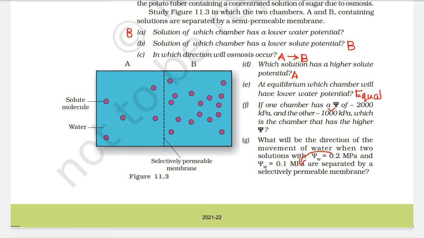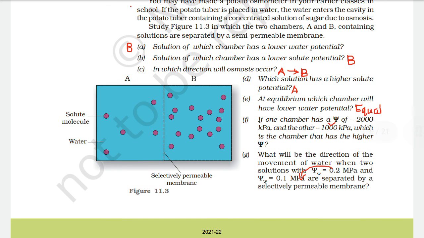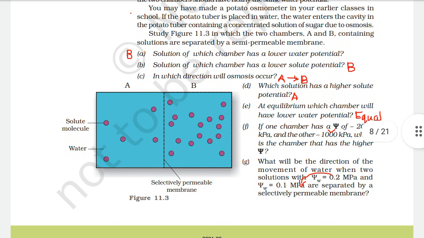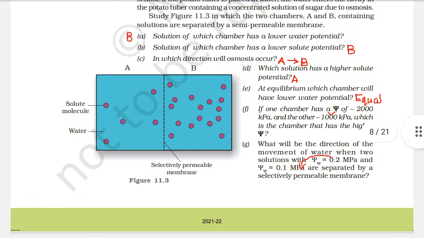Less negative is where there is a smaller number of solute molecules, which is in A. Less negative means higher solute potential, and where there are more solute molecules, there will be lower solute potential. So here the answer will be B.